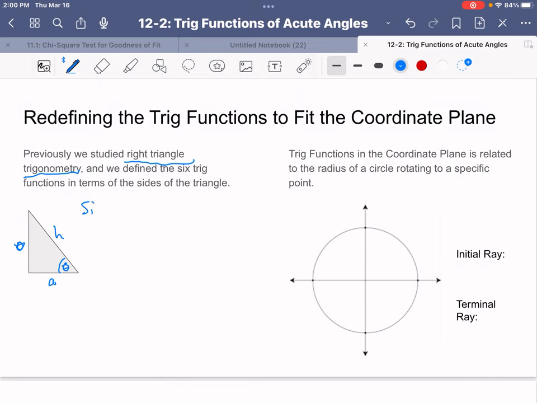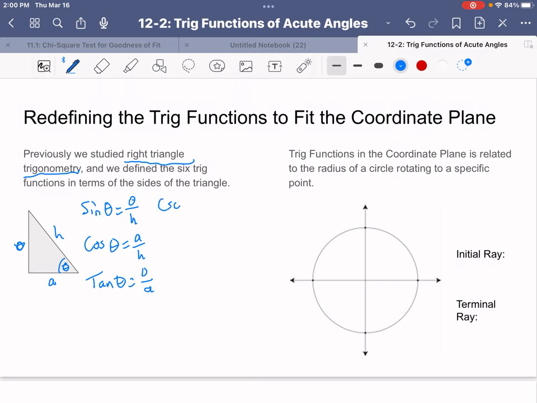And so we say that the sine of an angle in a right triangle is O over H. The cosine is A over H. And the tangent of an angle is O over A inside a right triangle.